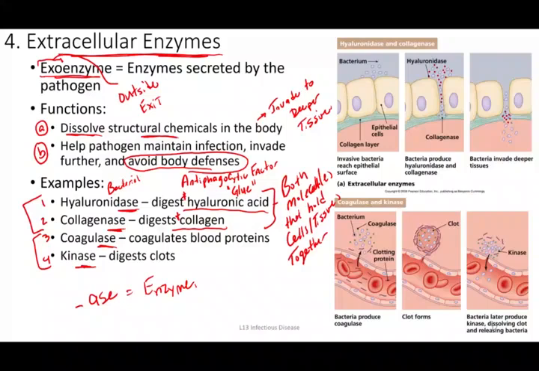So each of these is an important component of the glue, if you want to use that term. Okay. So now that we go back to the bacteria, hyaluronidase is a bacterial enzyme that can digest the glue component hyaluronic acid. Collagenase is a bacterial enzyme that can digest that glue component called collagen. So here's an example of a bacterium that has entered our body.